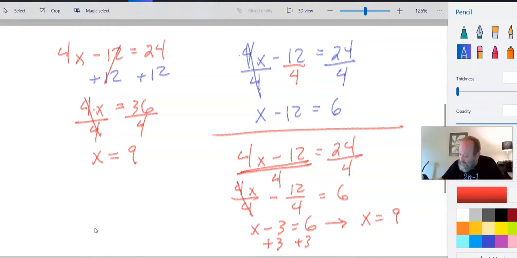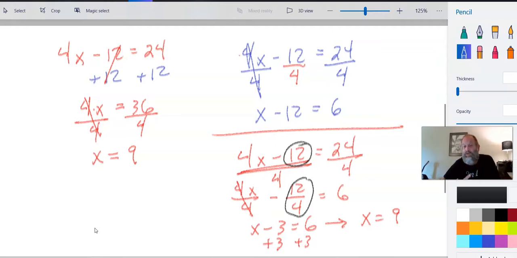And you can probably see where you're going to run into trouble. If this number wasn't divisible by 4, then this fraction wouldn't reduce, and you just put fractions in something that you didn't need fractions in. So it's not technically wrong, but if you don't do it correctly, it will give you the wrong answer.